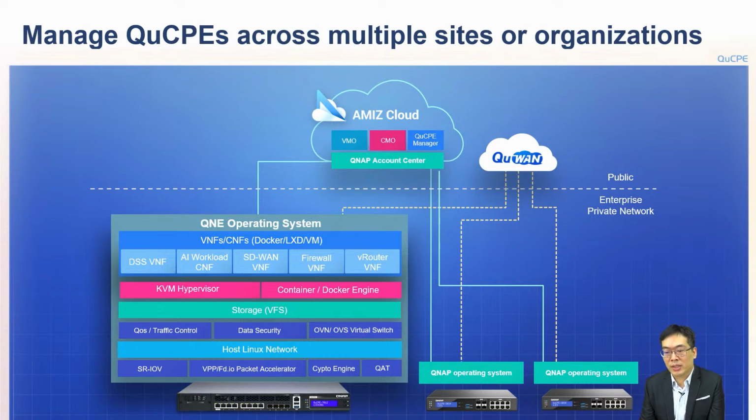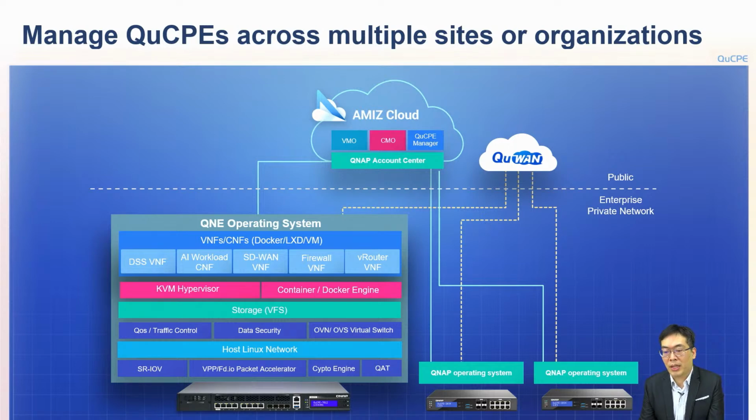You can easily set up your private network across your site and all your devices using the QNE. And if you want, you can still feel free to use any third-party VNF from other vendors as well. You can still provide a very good private networking solution for your IT infrastructure.